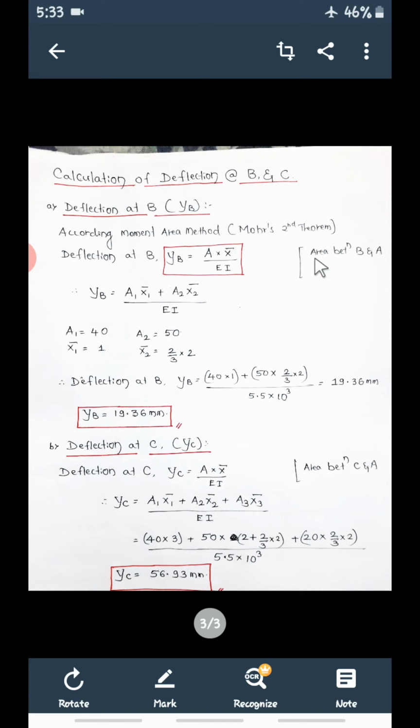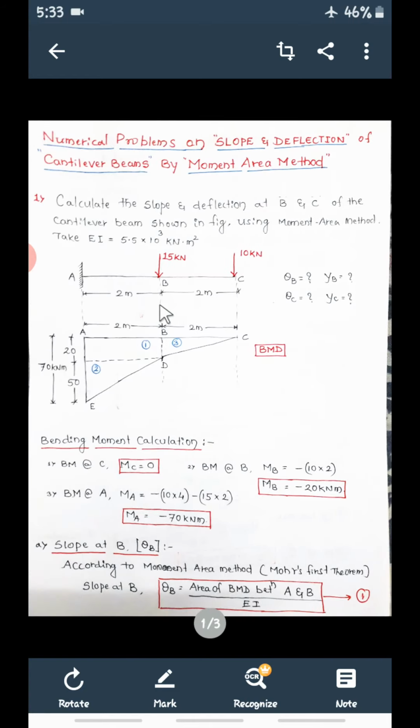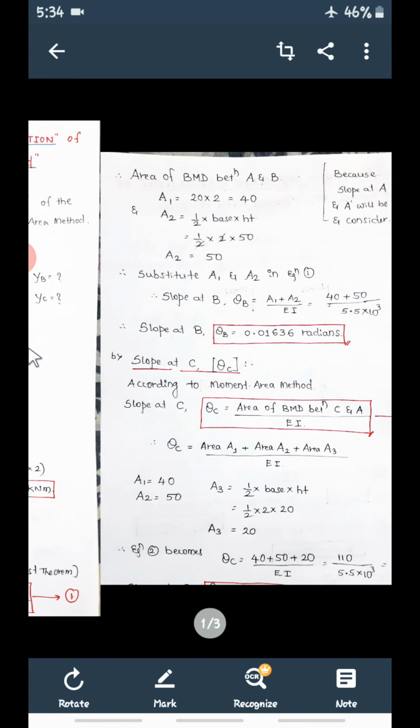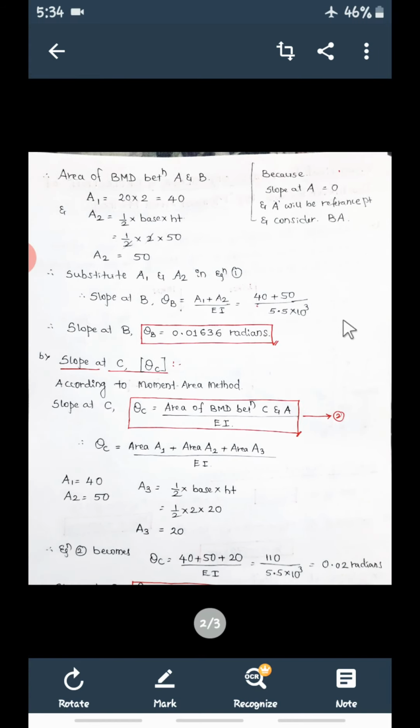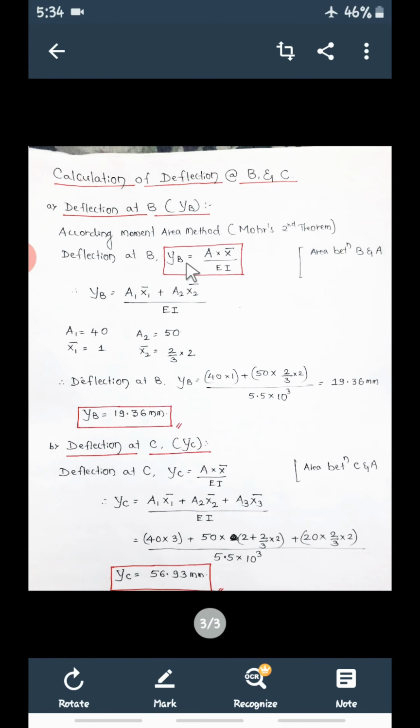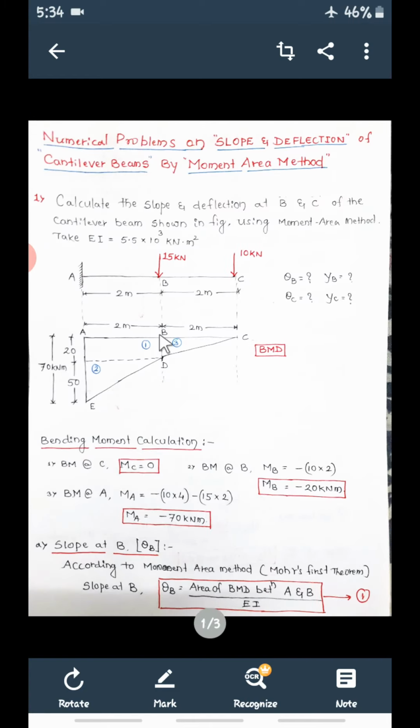We are finding the deflection at B, and the deflection at A is 0, so again we consider the area between B and A. What is the area between B and A? Area 1 and area 2.